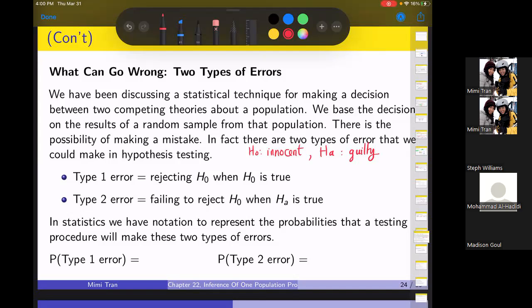You don't want to keep convicting people when they are actually innocent. So in the criminal justice system, type 1 error means you convict someone when he or she is actually innocent.